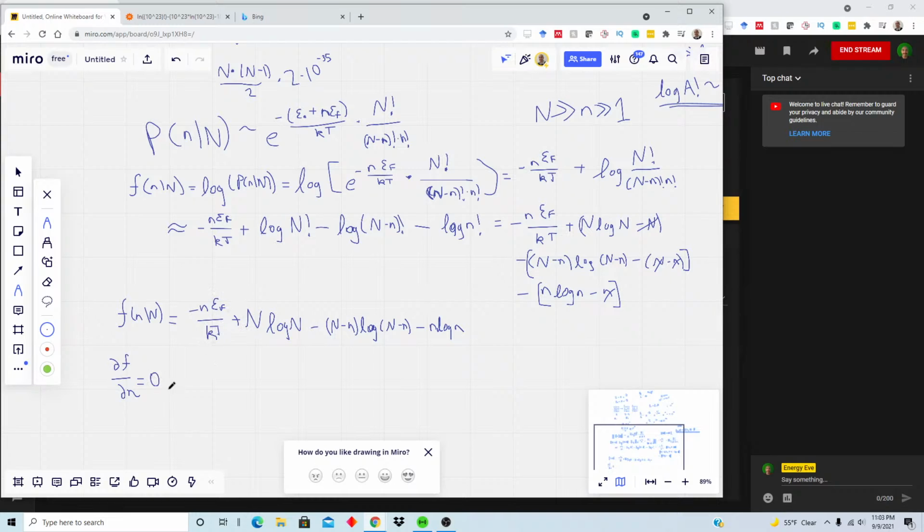And so we take the derivative of this with respect to n, we get epsilon over kT, because this is just n times a constant. KT is a constant, so that goes away. We're actually going to do a little chain rule on this, I believe.